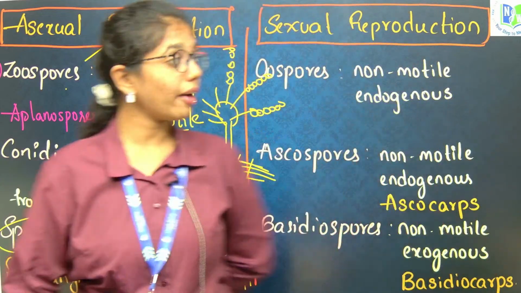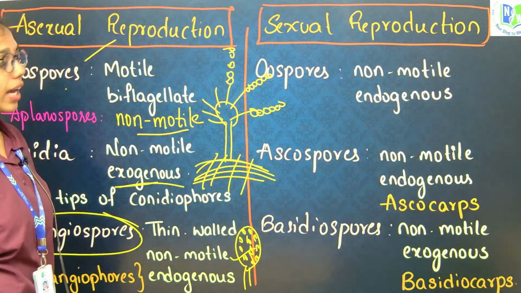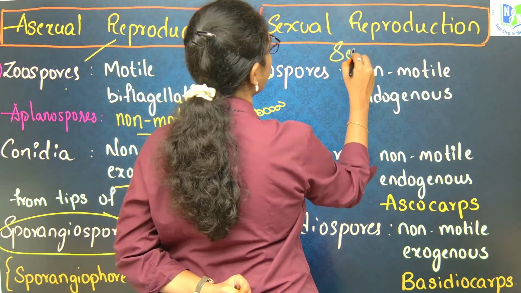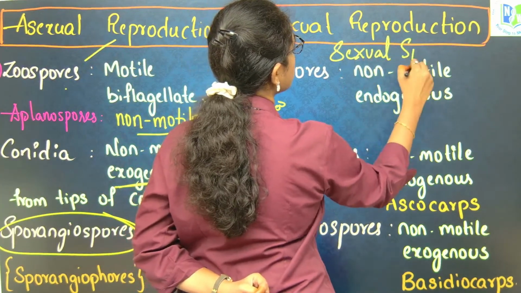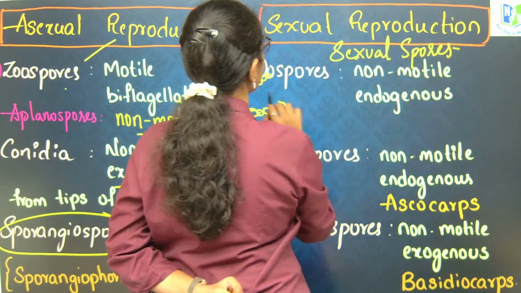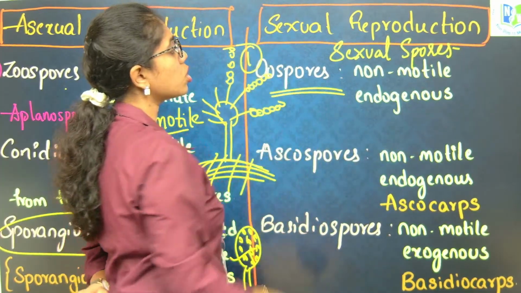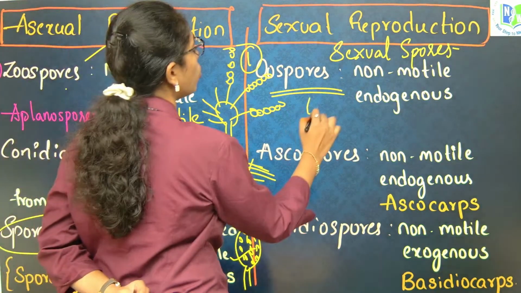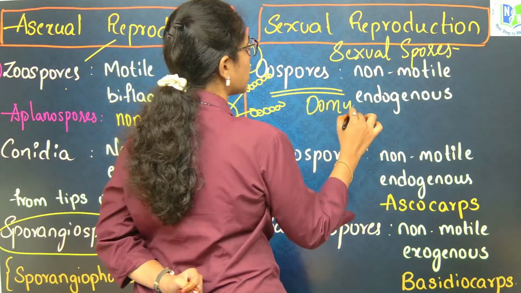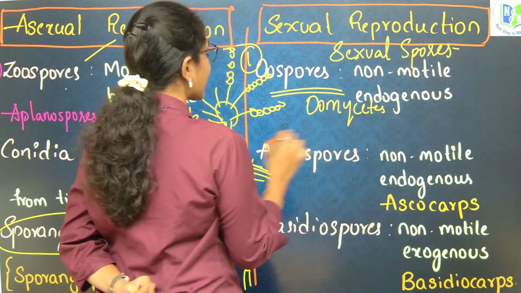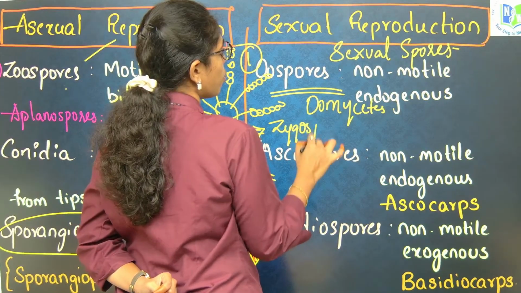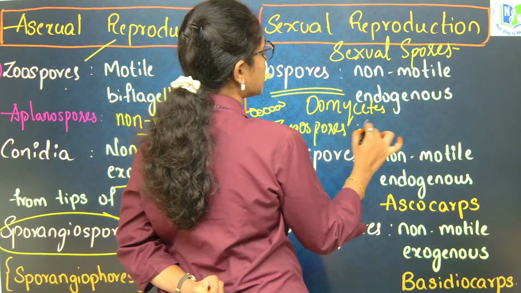Now, in sexual reproduction, the sexual spores involved: first is oospores. Oospores are non-motile and endogenously released in Oomycetes of Phycomycetes. Second is zygospores, from Zygomycetes.